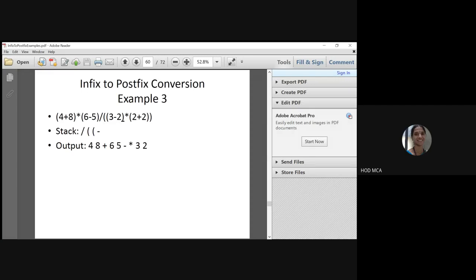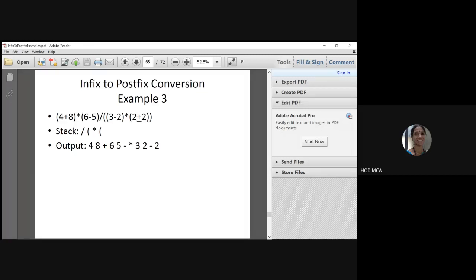Then you have a closing brace. So pop the minus, and discard both the opening and the closing. Next you have star. Star will get pushed. And then the opening will get pushed. 2 will come to the output.